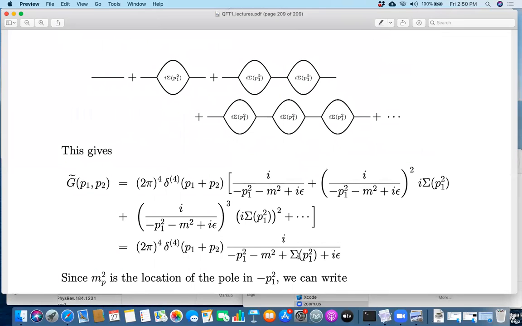Okay. It requires a little algebra, right? It's a binomial expansion of 1 over 1 plus x, roughly. You just take out i over minus p1 square minus m square common, and then you have 1 plus sigma over minus p1 square minus m square plus i epsilon. Okay. You have to invert that, because it's in the denominator. And that gives you, so 1 over 1 plus x, you expand as 1 minus x plus x square minus x cube, and so on.